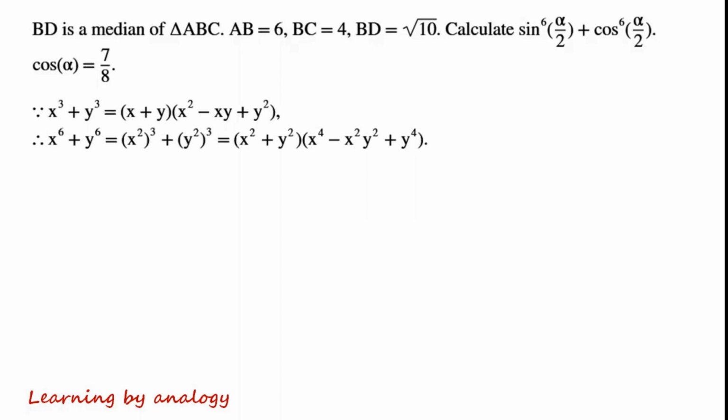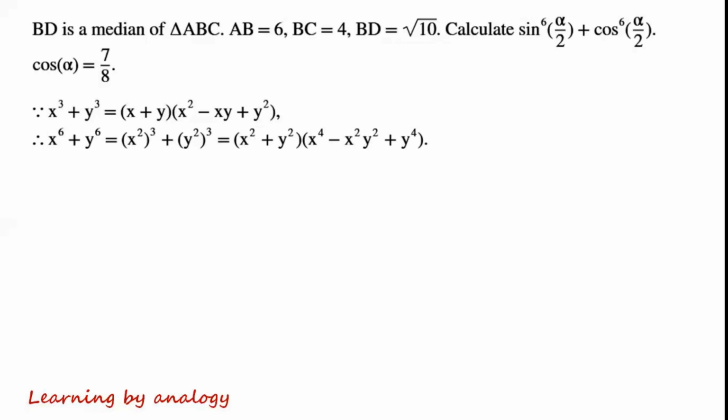x cubed plus y cubed has a factor x plus y. So we can write x cubed plus y cubed equals x plus y times x squared minus xy plus y squared. Then x to the power of 6 plus y to the power of 6 can be written as x squared all to the power of 3 plus y squared all to the power of 3.